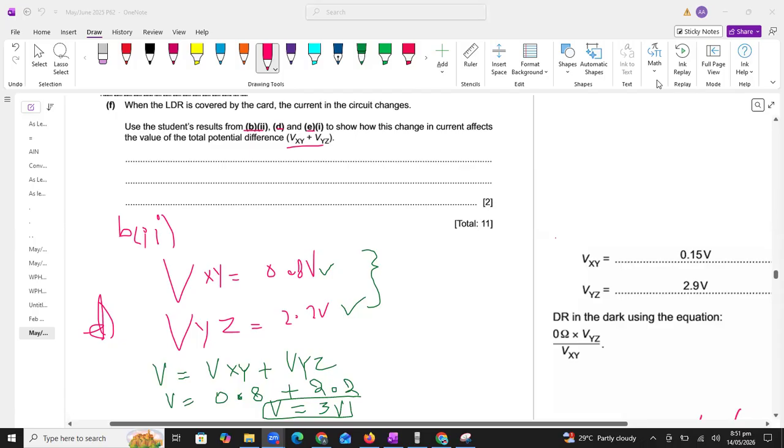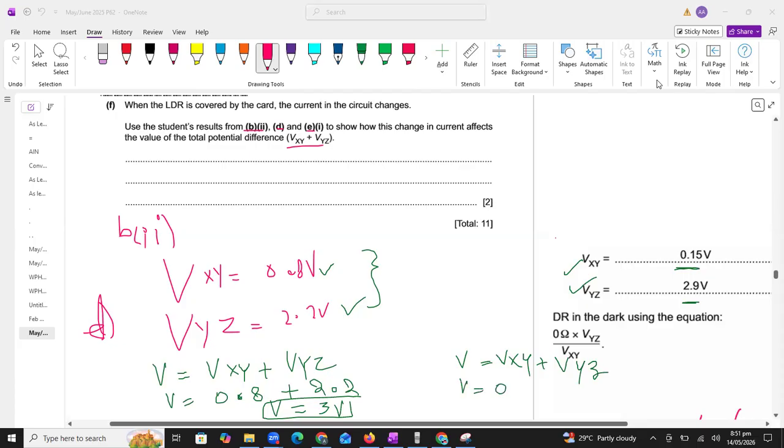So now students, you can see when the LDR was in the dark, when the card is kept on the LDR, so the voltage across the fixed resistor is 0.15. All right, and the voltage across the LDR is 2.9. So again, we will calculate the total voltage, which is equals to the sum of voltage across XY and voltage across YZ.